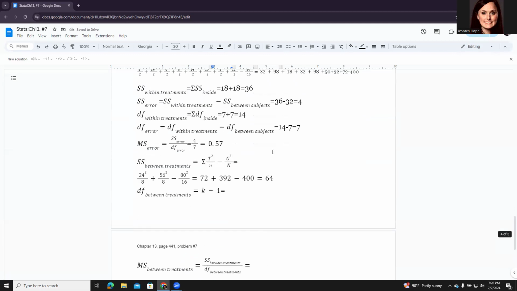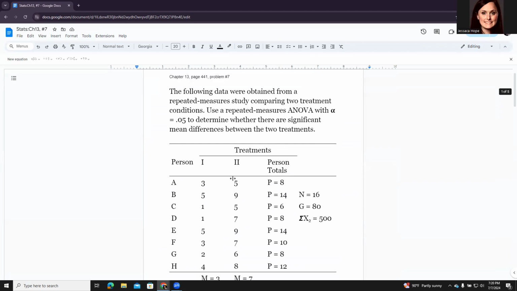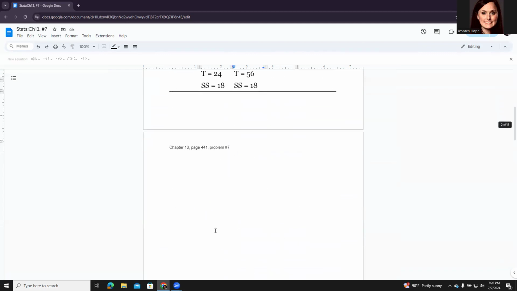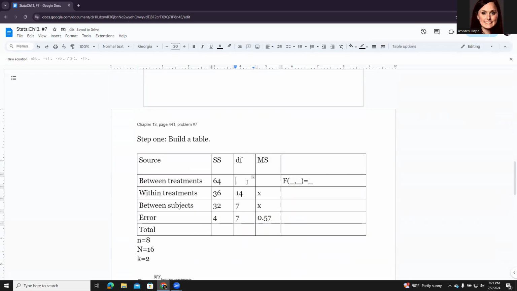Where are we now? Let's see. We're here. So DF between treatments is K minus 1. Remember that K is the number of treatments. We have 2 treatments, 1 and 2. So DF between treatments is 2 minus 1, and that equals, of course, 1.